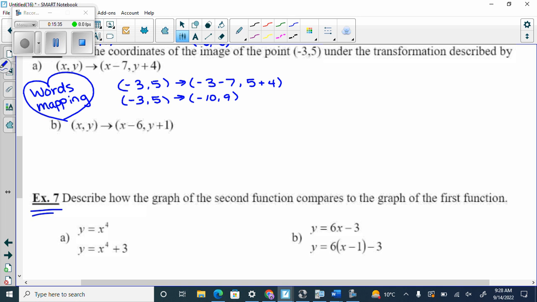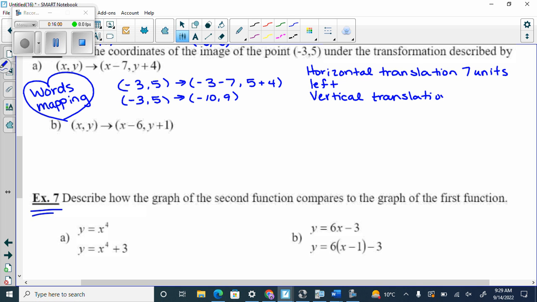And our transformations will be a horizontal translation, seven units left, because I'm taking the x and subtracting 7. And then a vertical translation, 4 units up.